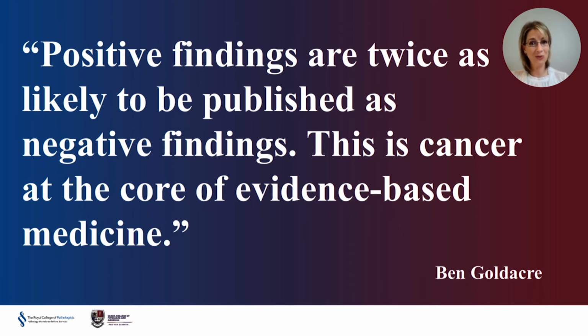This is a huge source of bias in research, and he calls this a cancer at the core of evidence-based medicine. So we have to be aware of this when we are looking for research. Studies tend to be published that have a positive result more often, or twice as often, as those that have a negative result. And this in itself brings in a form of bias in what we're looking at.